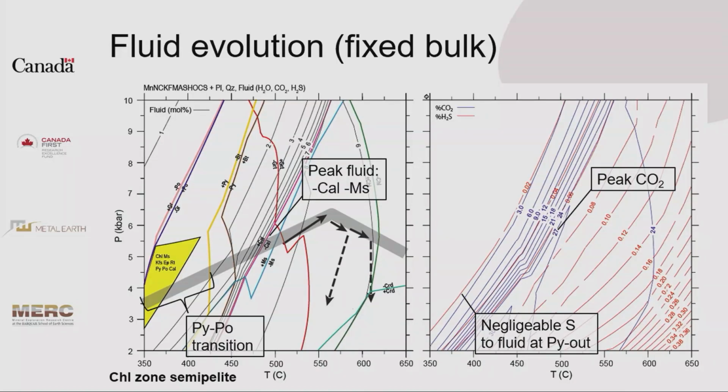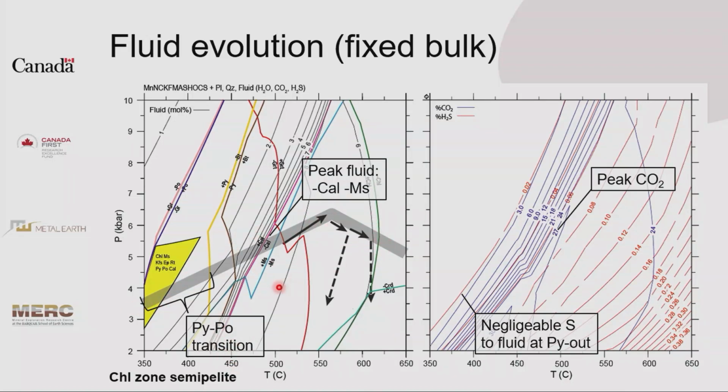Okay, so for the fluid, this is another PT section. On the left, you have a simplified pseudosection with the pyrite to pyrrhotite transition, and garnet in and calcite in are also shown. And this is the generalized PT path from those couple samples that we did thermobarometry on.